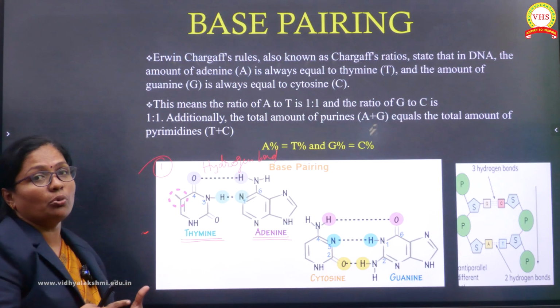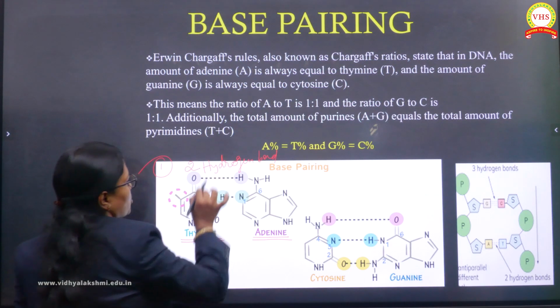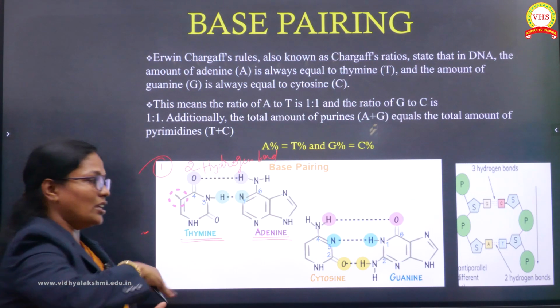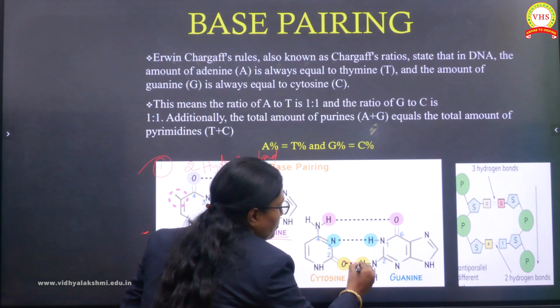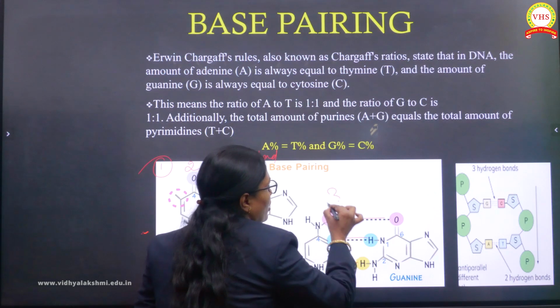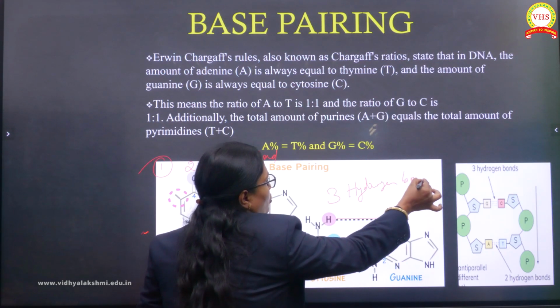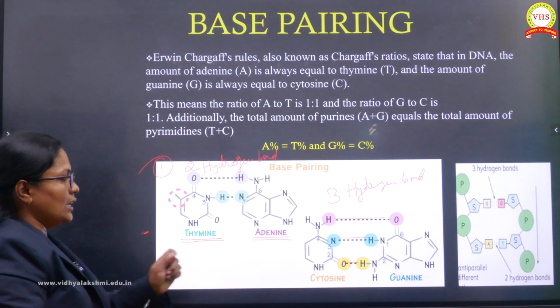How many hydrogen bonds are required to pair thymine and adenine? Only 2 hydrogen bonds are enough to pair adenine and thymine, whereas cytosine and guanine require a triple bond, 3 hydrogen bonds. 3 hydrogen bonds are required to base pair guanine and cytosine.